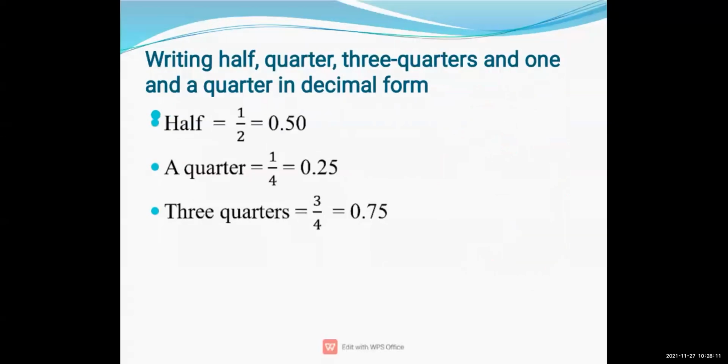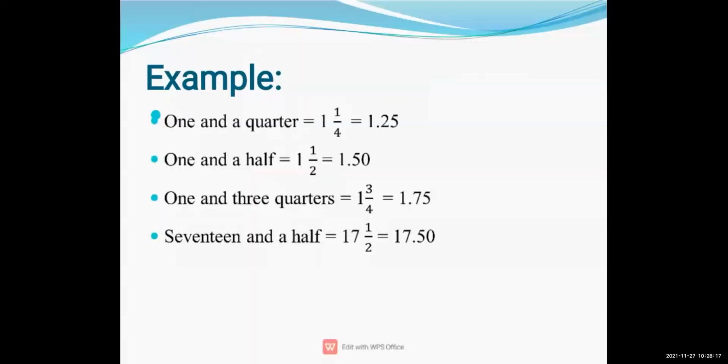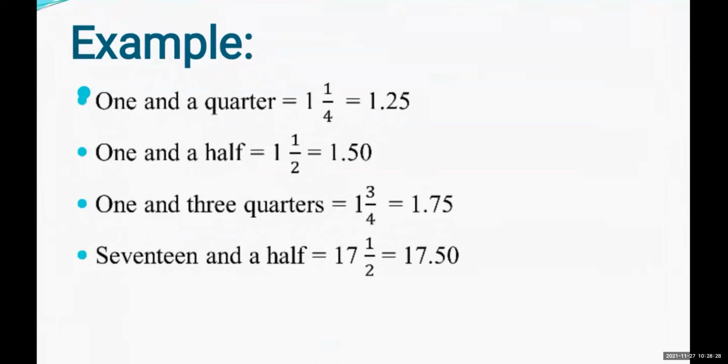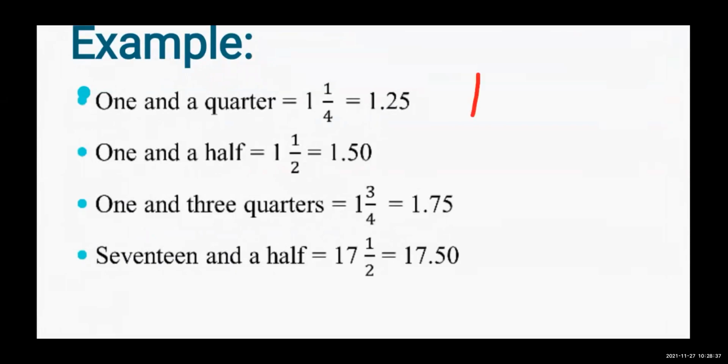Now next, what we are going to learn, I'll show you some examples. Through these examples, you will understand how you are going to write if these types of sums come. Now see here, the first example which I am showing you is 1 and 1/4. Now 1 simple 1 कैसे लिखते हैं हम लोग? As it is, 1.